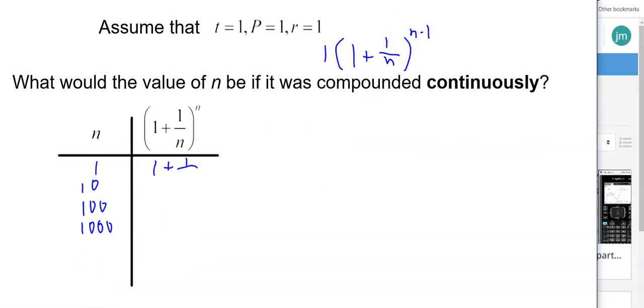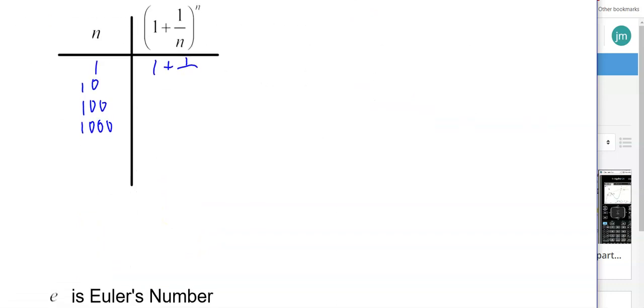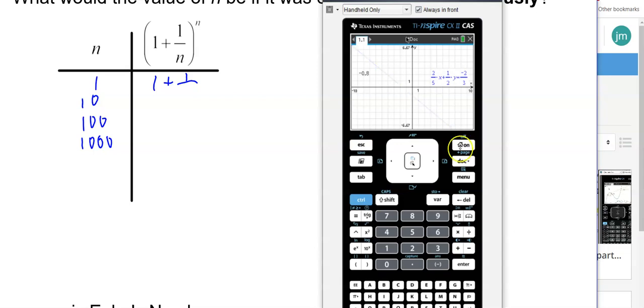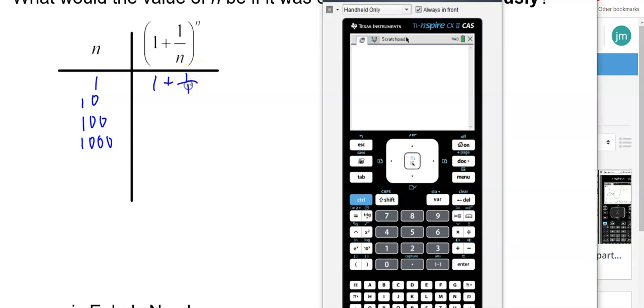So that's what we're doing here. We're keeping all those other values constant. Let's get this calculator ready because we're going to need it in a second. So 1 plus 1 over 1 to the power of 1 is 1 plus 1 is 2, 2 to the first is 2. So we get 2, okay. Let's see if this increases when we put a much larger value here.